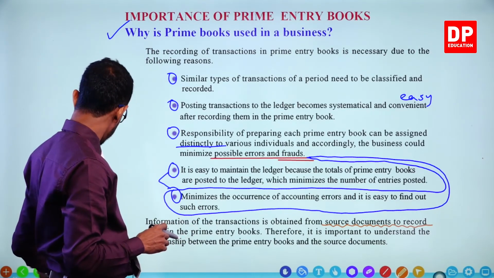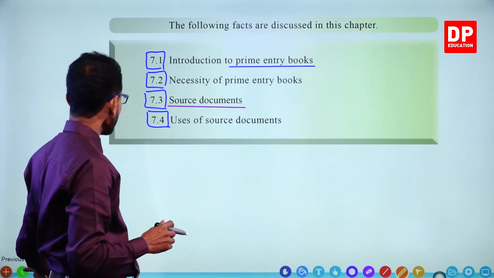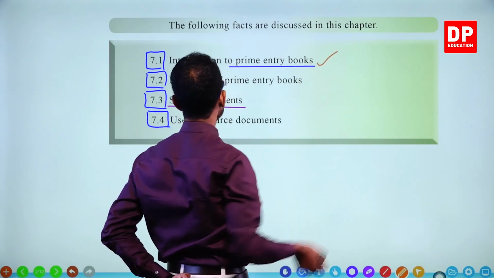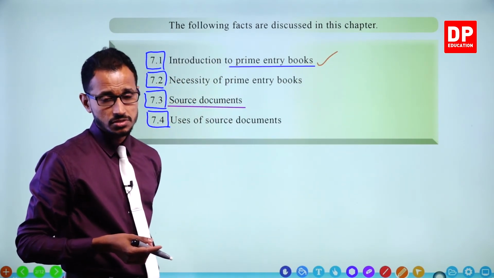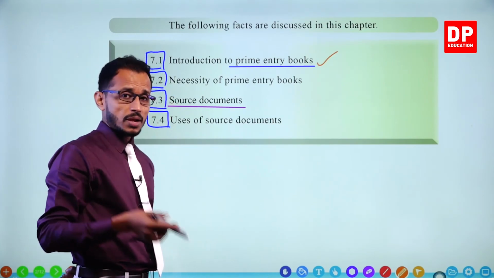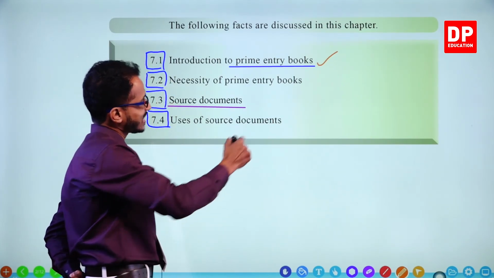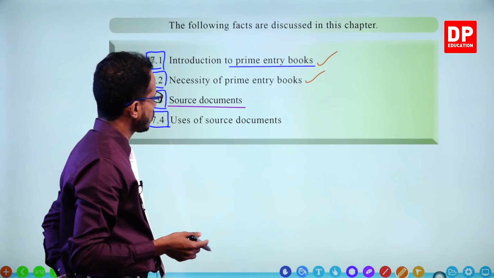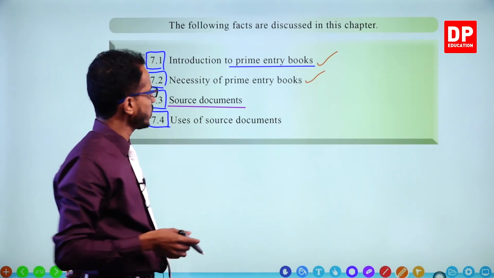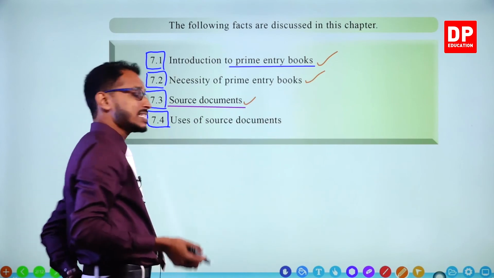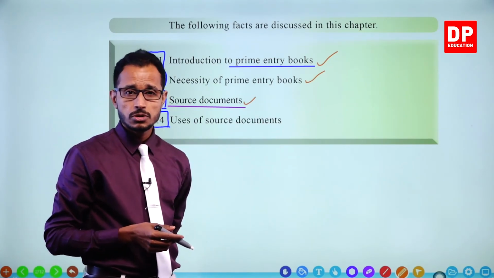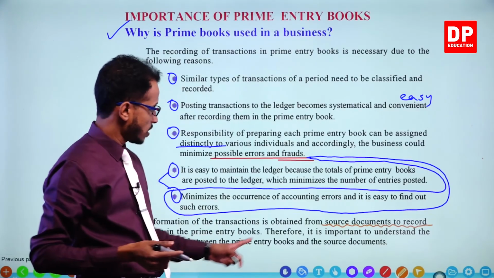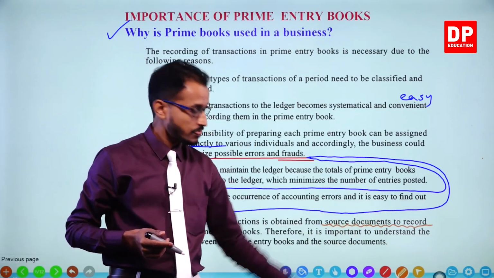When we started the lesson, children, I told you that we have to learn about this set of books, prime entry books, and we got an introduction about prime entry books. Then we learned the necessity or the use of prime entry books. This is the next thing that we have to learn, source documents. That's why I brought your attention to this. That's what we are going to learn next.